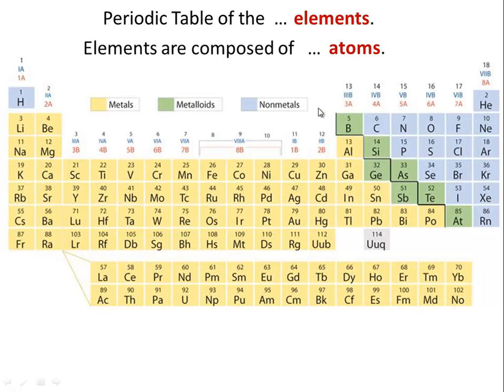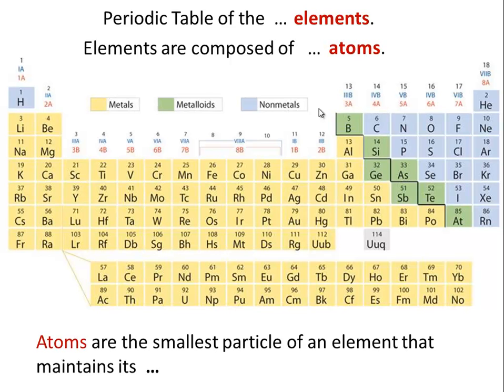And if you took that piece of copper and started cutting it in half over and over again, into smaller and smaller pieces, eventually you're going to get down to a point where you can't divide it any further without that copper completely losing its identity. So atoms are the smallest particle of an element that maintains its chemical identity.